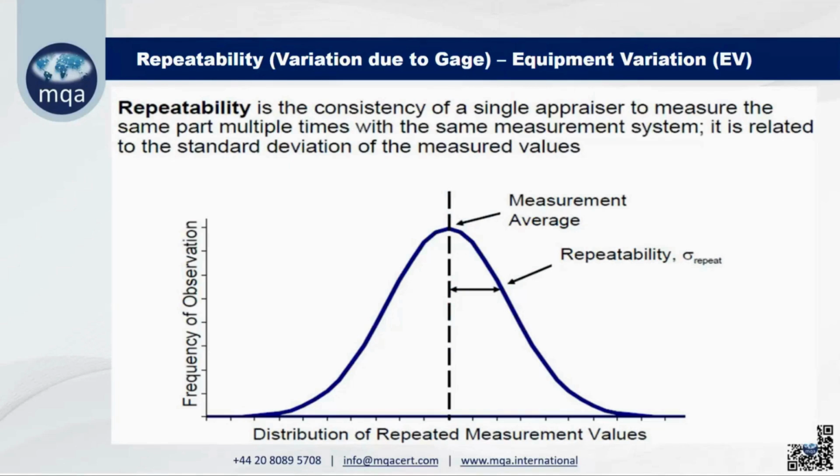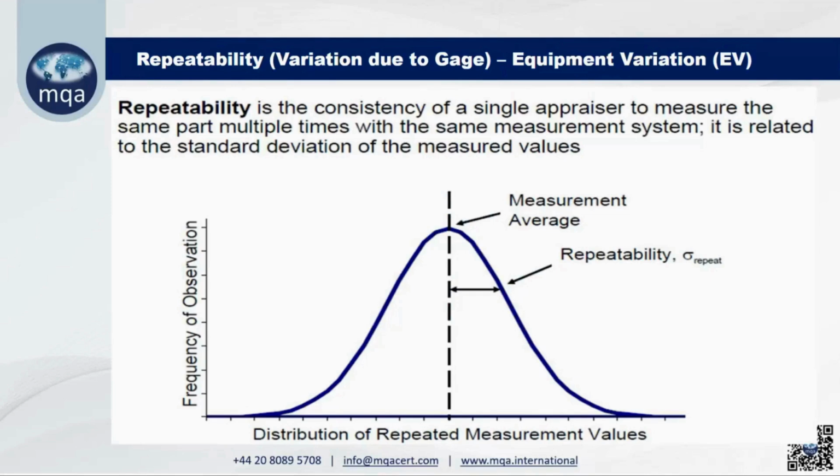Now we have seen accuracy, precision, bias, stability, linearity. Now we will see repeatability. The word indicates repeat. So what is repeatability? Variation in the measuring instrument. We call it equipment variation.